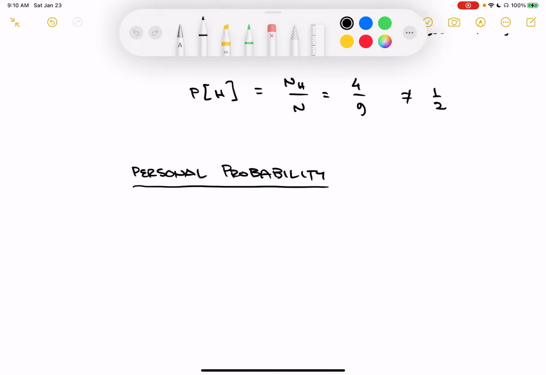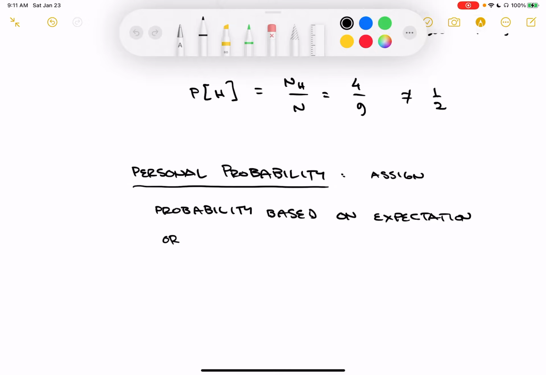We aren't really doing a formal set of experiments where we take out the relative frequency. Really, what we're doing here is assigning a probability based on some expectation or personal experience.